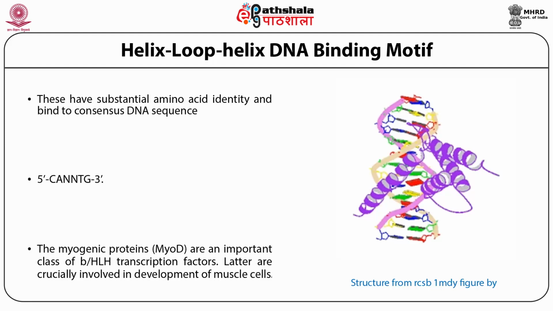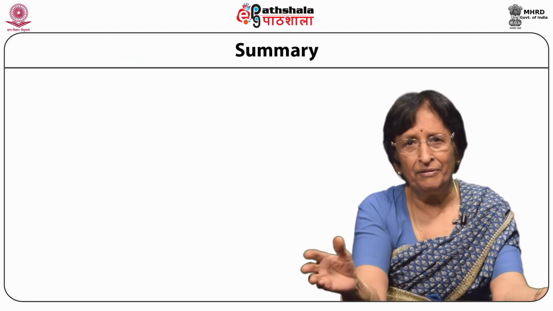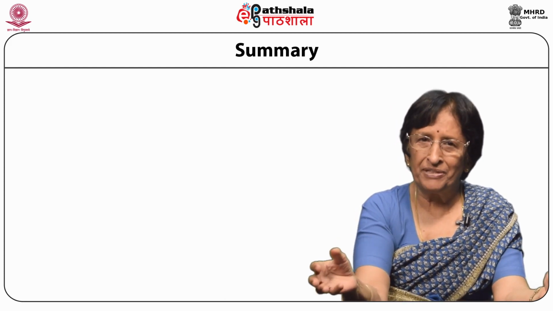The latter are crucially involved in the development of muscle cells. We show here a typical structure where there are two helices and a big loop in between the two, and they bind to DNA. So students, what have we learnt in today's presentation?